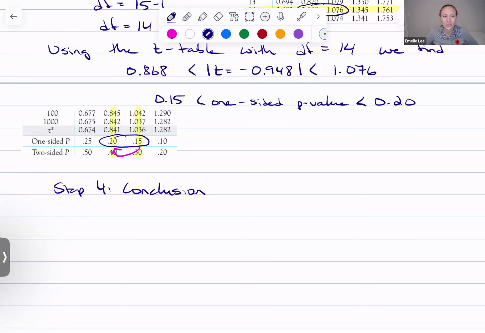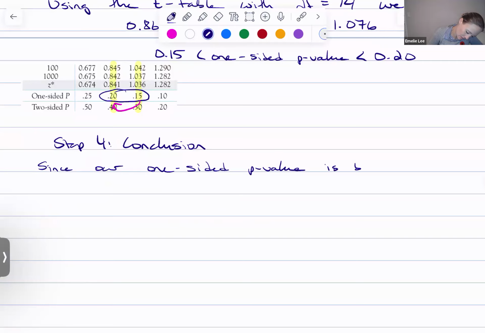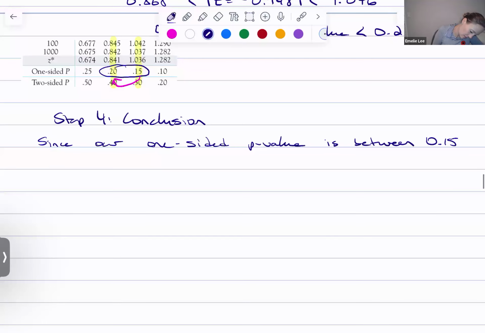And here we go. First, I want you to tell me everything that you know, right? Show off all your knowledge. So since our one-sided p-value is between 0.15 and 0.20, it is not less than our alpha level.